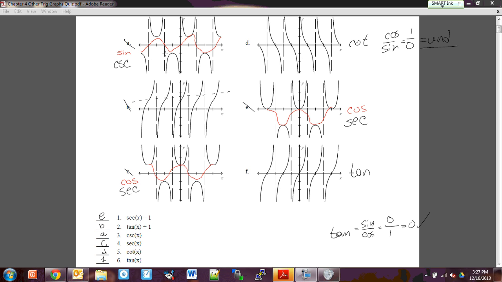This looks like a sine graph, so we know that the black graph will have to be cosecant. Okay, I know this looks like a cosine graph, so I know that the black graph will have to be secant, and so forth. And determining tangent, if you don't remember that tangent is defined at 0, you can always do the little test here to figure out if cotangent or tangent is undefined or defined at 0.